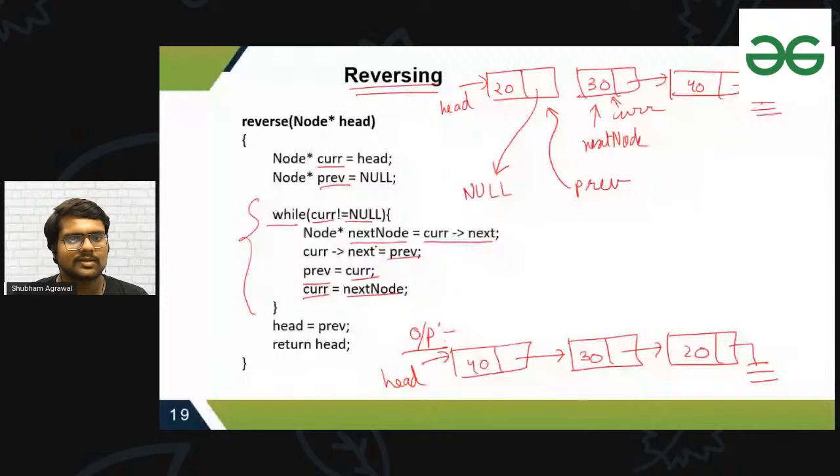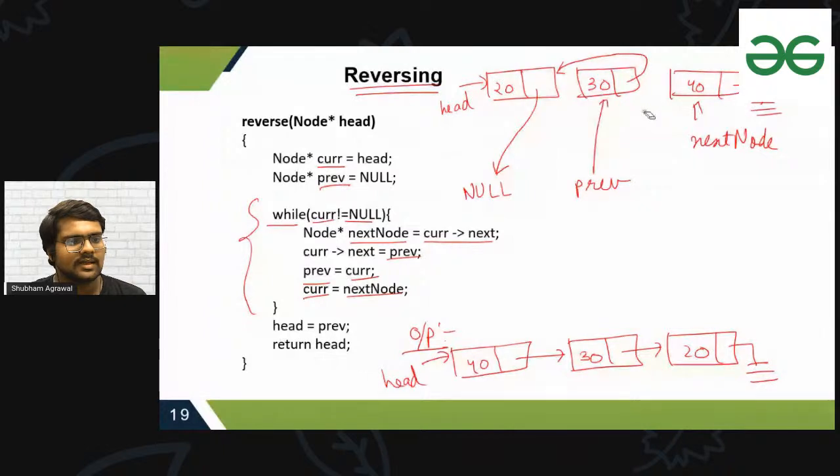Then current of next equals previous, so it will point here, because previous is pointing to this node. Then previous equals current, so previous will now point to this, and current is equal to the next node, so current will point to this.